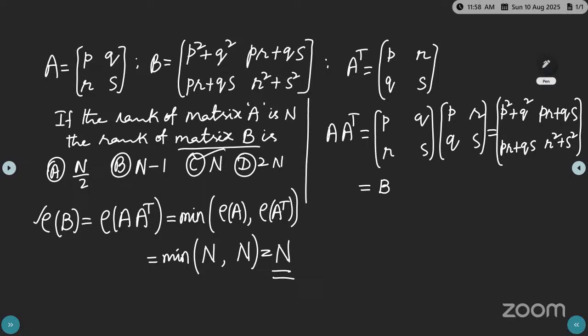For all the people who were absent yesterday or in earlier classes, I'll give you one more problem to find the rank based on the echelon form. Write down that.